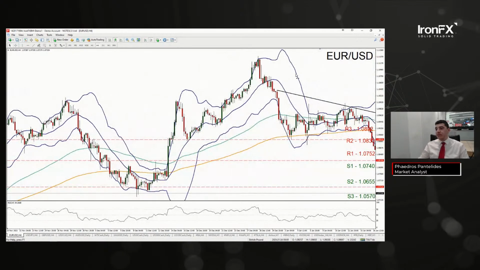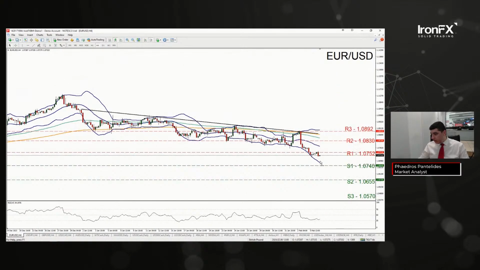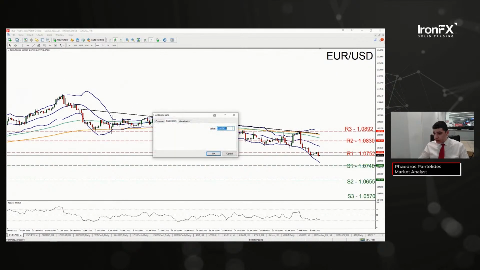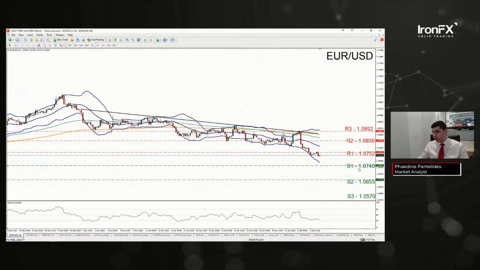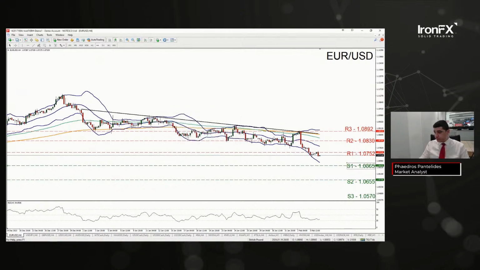So my S1 would be slightly higher at 1.0665. S2 could be kept at 1.0570.